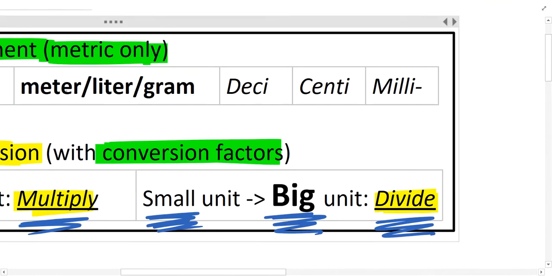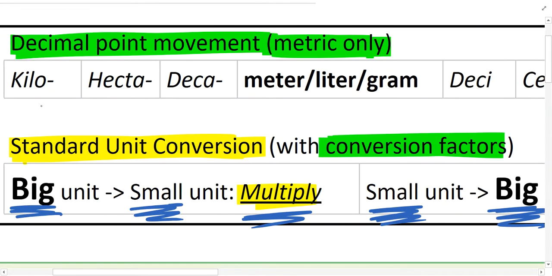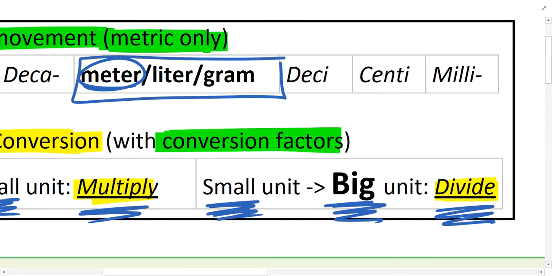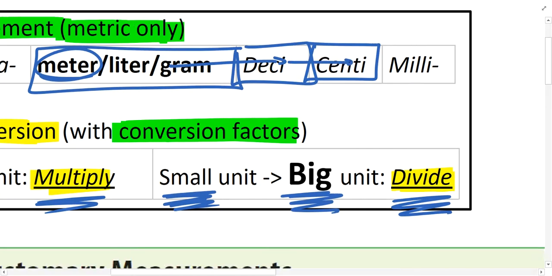So here again, meters are a basic or primary unit in the metric system, and if we're changing from meters to centimeters, well, that's starting in this center box, going 1, 2 boxes to the right.